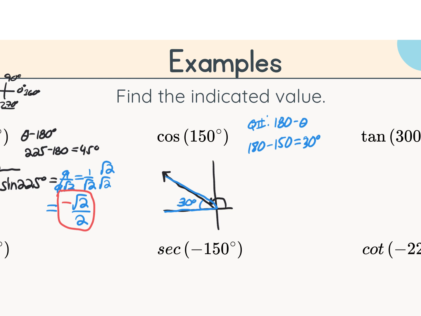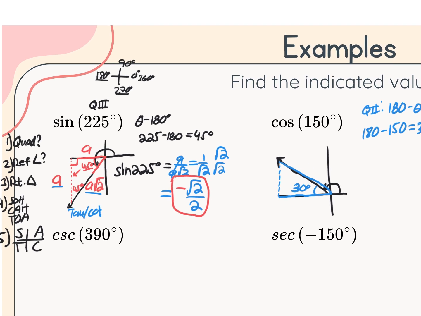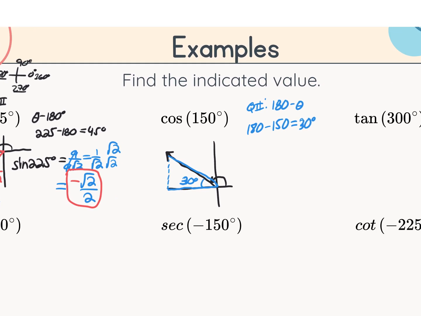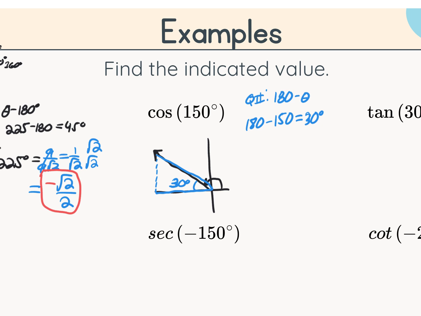So when I draw the right triangle, that was the next step, this is a 30, 60, 90 triangle. Across the 30 degrees is going to be A. Across the 60, this is going to be A square root of 3, and the hypotenuse is going to be 2A. The next thing that you're going to do is use SOHCAHTOA to figure out what cosine is going to be.